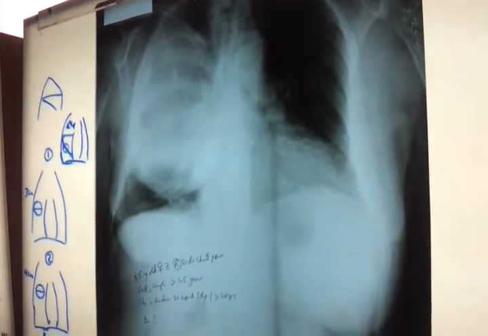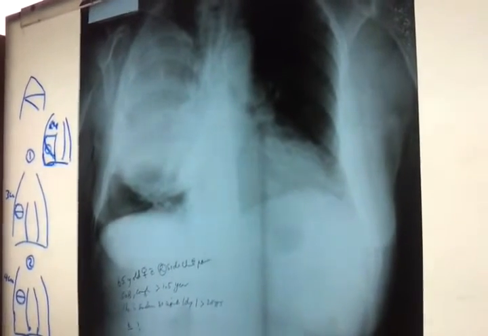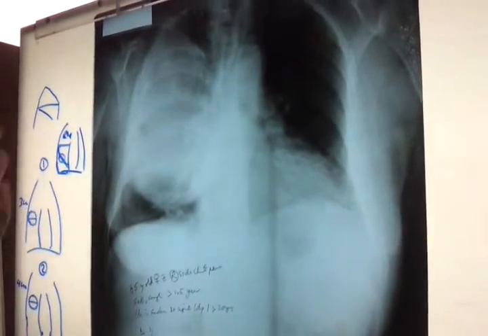Therefore, most probably this is a case of malignancy, squamous cell carcinoma. The differential diagnosis is hydatid, and also neurogenic tumor, sometimes we see a big neurogenic tumor just like this.